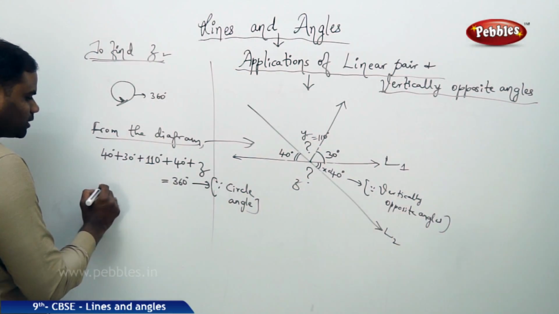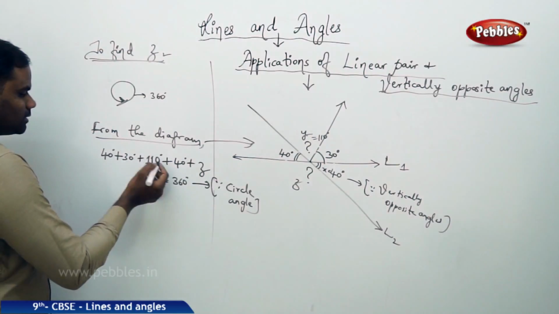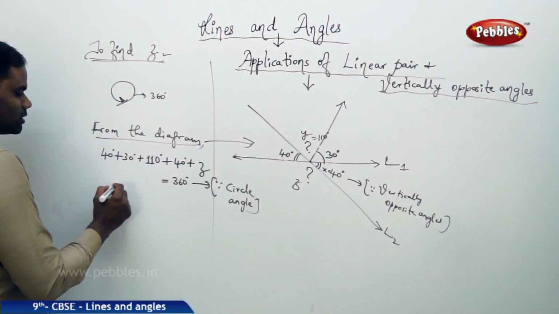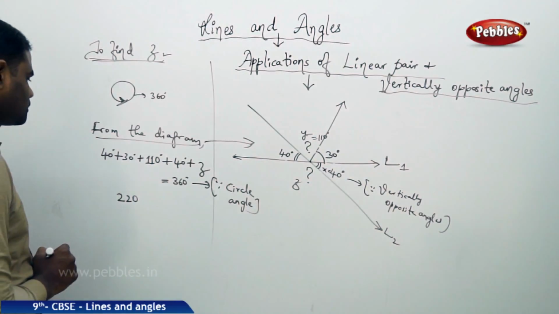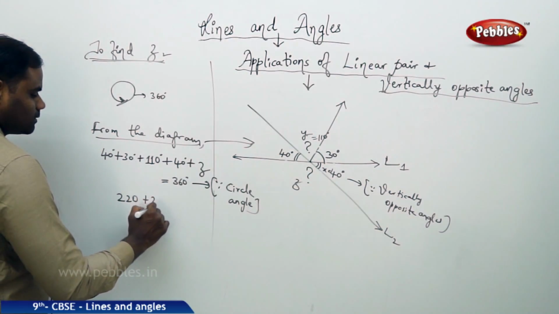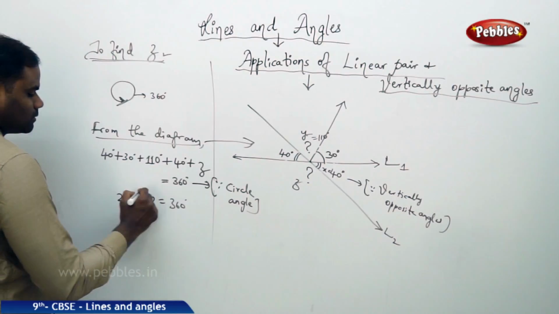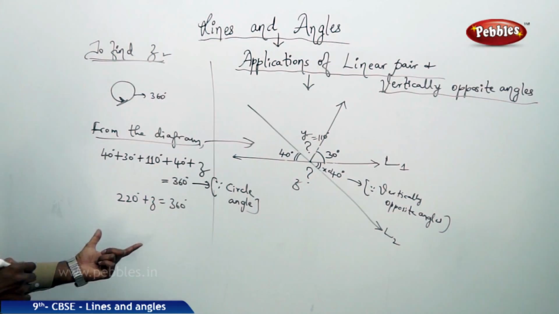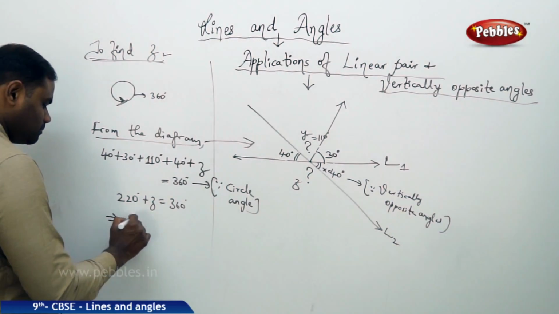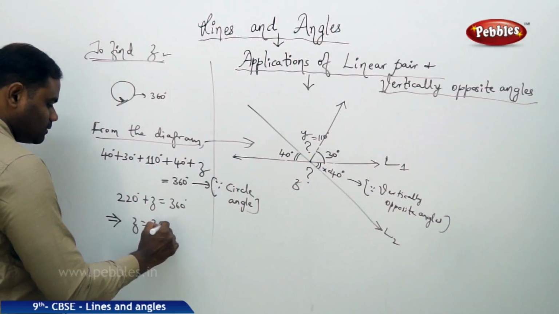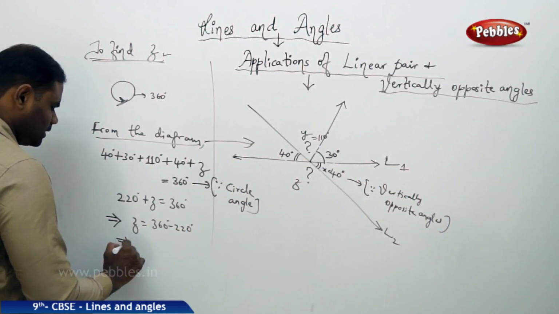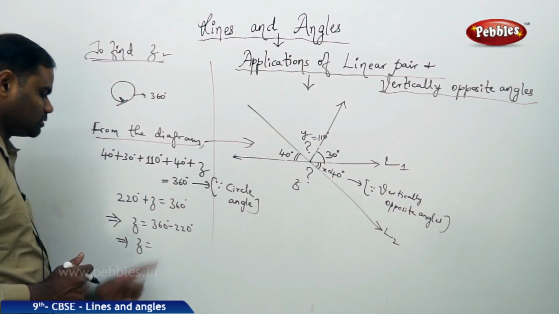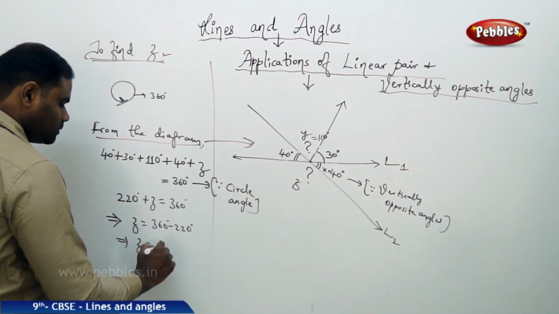When I add this, 40 plus 30 is 70 and 70 plus 110 is 180, plus 40 is 220, plus z equals 360 degrees, which on further simplification gives, that implies z is 360 minus 220, that implies my z is 140 out here.